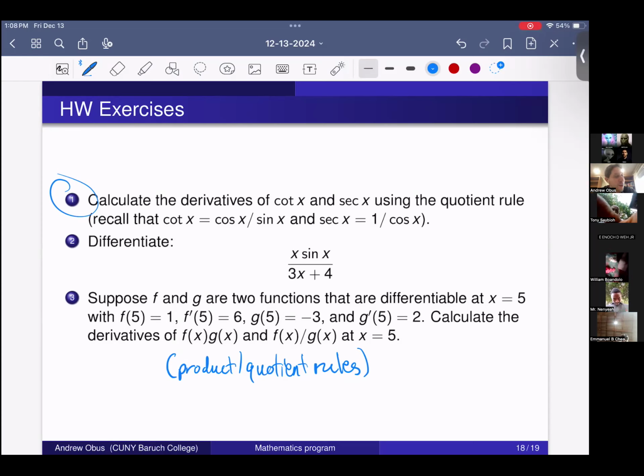You can answer this question without coming up with a function. You just need to know what the derivatives are at 5. So you only need to know what these things are here at 5. You can come up with a function if you want, but you don't have to. It's not really part of the problem. Okay. Other questions?